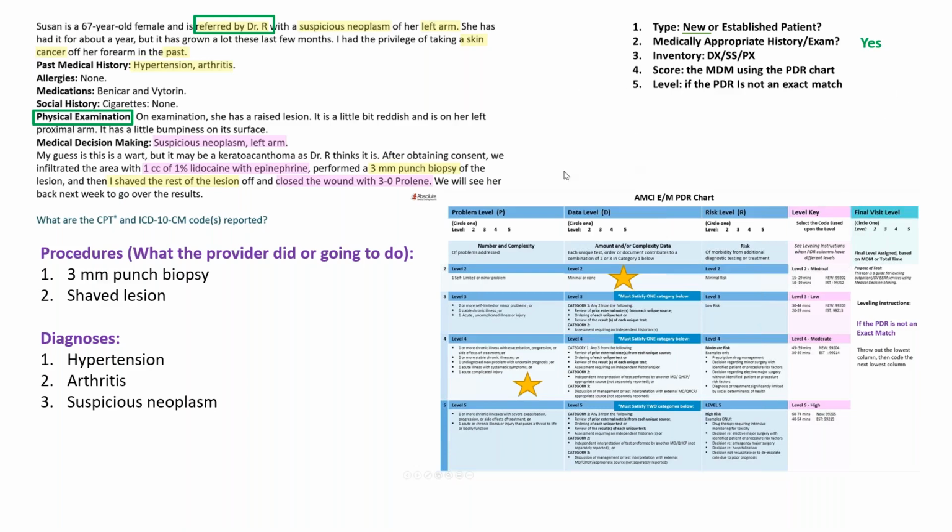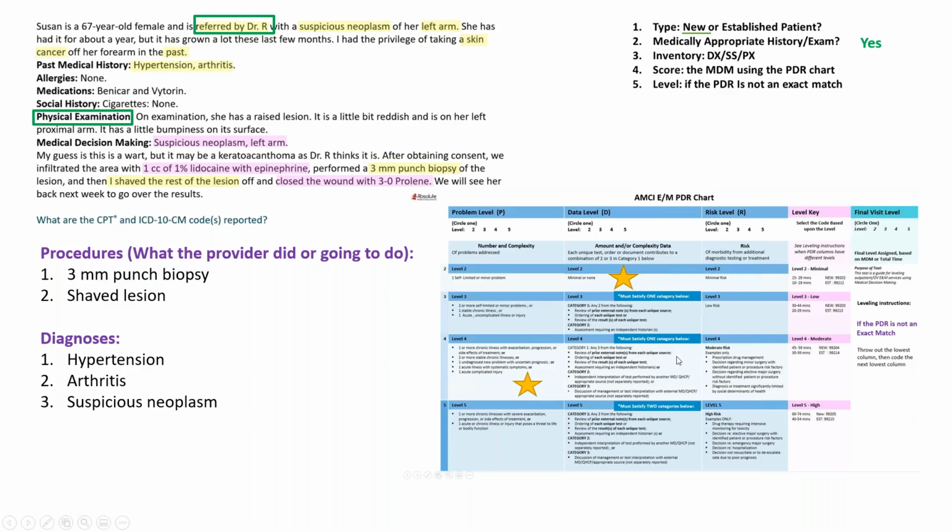Good deal. Now, the risk level, I'm going to let you all tell me what you think the risk is. All right. So now this is going to be a teachable moment. The risk to me is level 4.